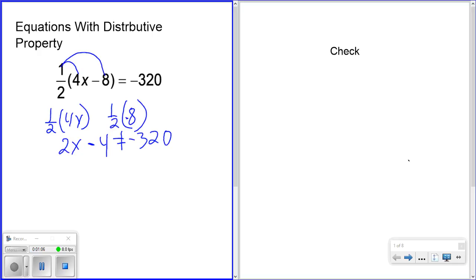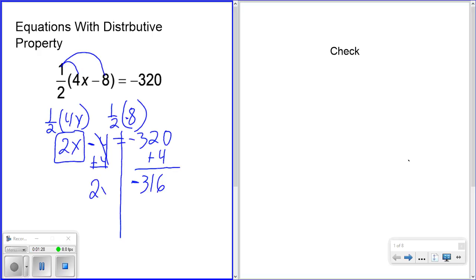Now we draw a line, and we have to isolate the variable. This is our term with the variable in it, so we need to get rid of the 4. So we're going to add 4 to each side, and that's going to cross out, and that's going to give us -316. You have to be very careful of your signs. We don't want to make any small mistake on our signs.